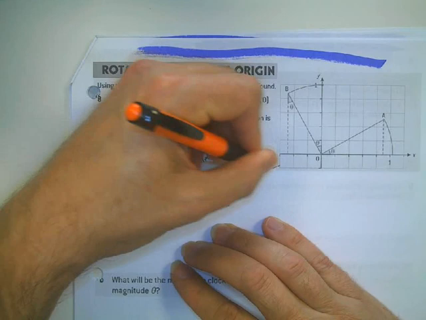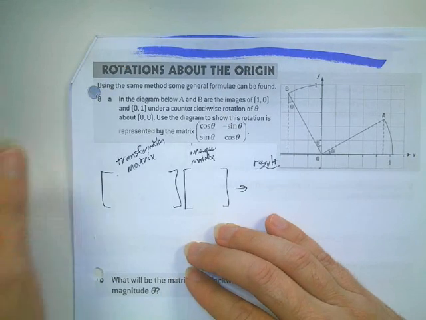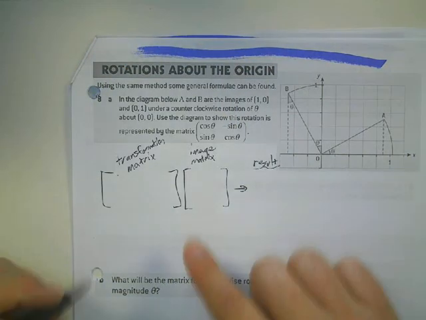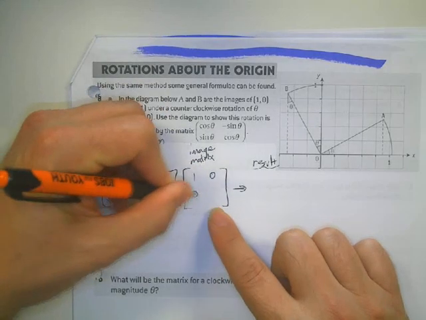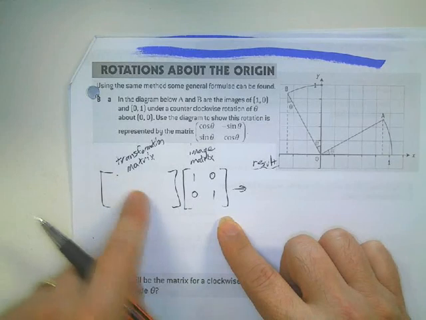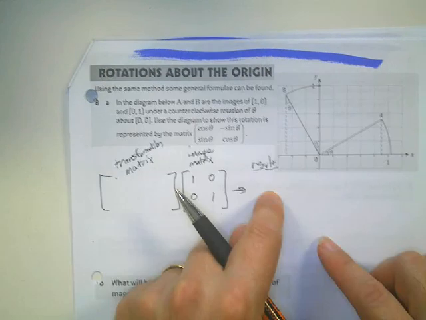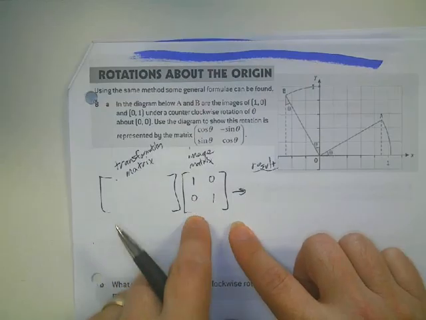What we've been doing so far to make life easier is, if our image matrix is 1, 0, 0, 1, then we know that the transformation matrix is going to be our result. So that's why we've been using 1, 0, 0, 1.